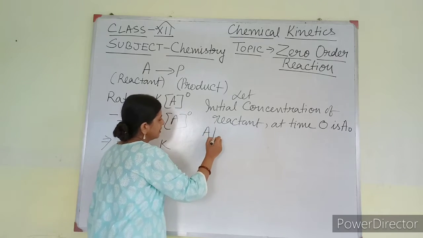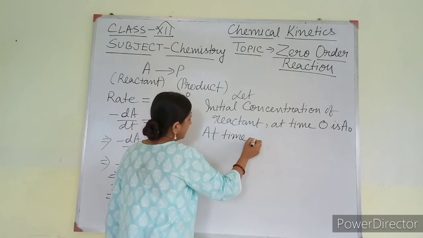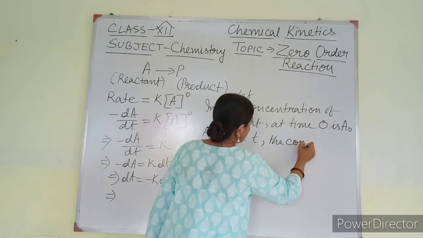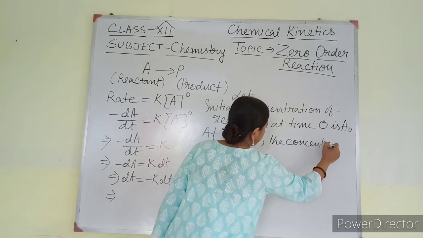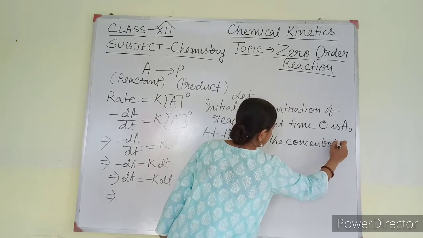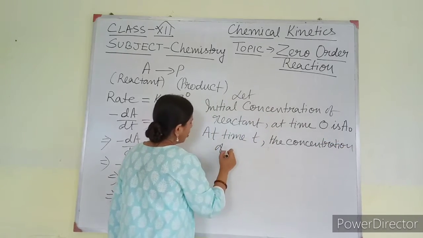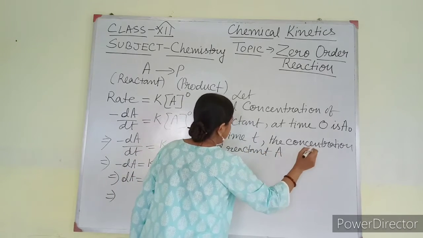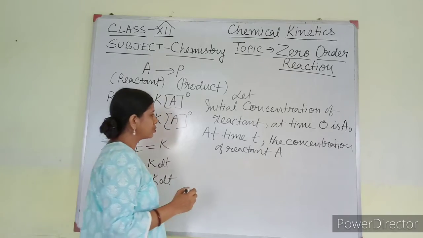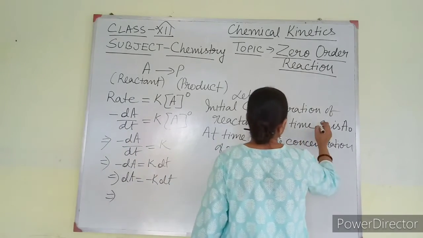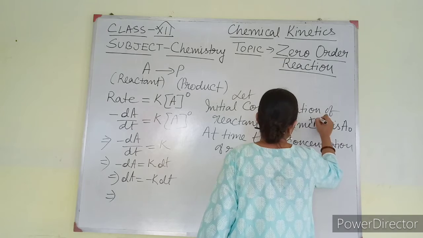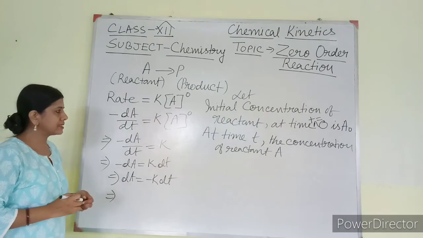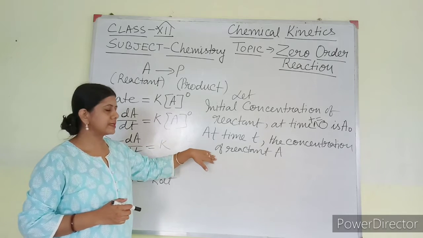At time t, the concentration of the reactant I am taking as A. So at t equal to 0 it is A0, and at time t it is A.